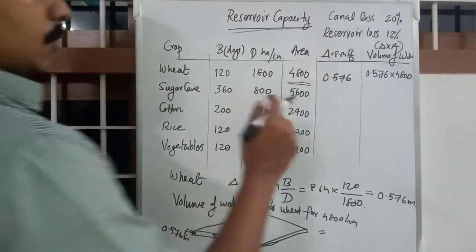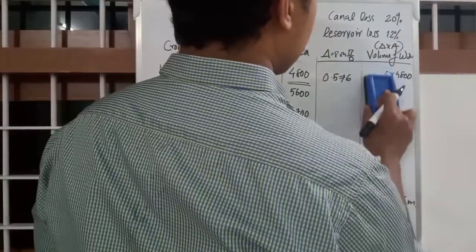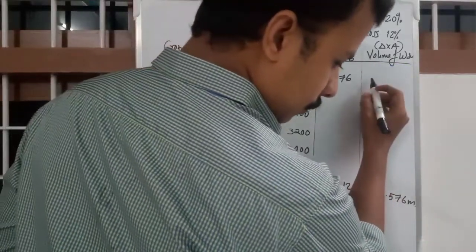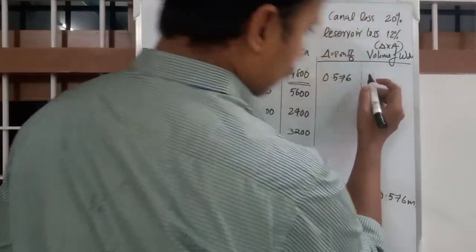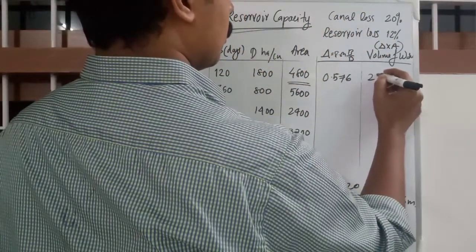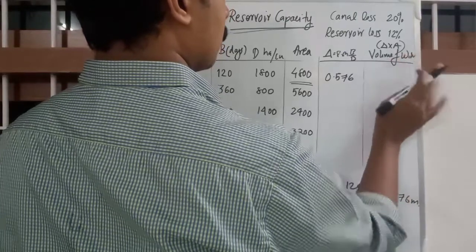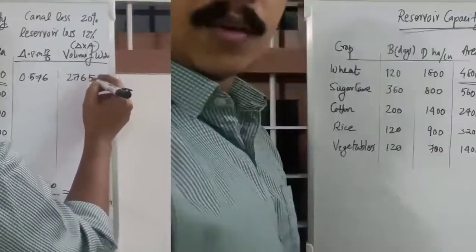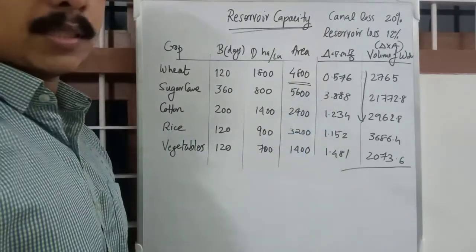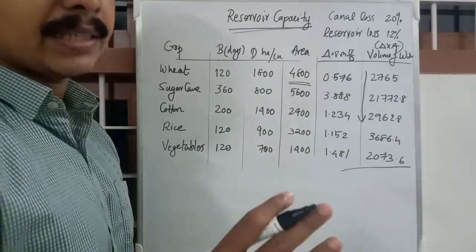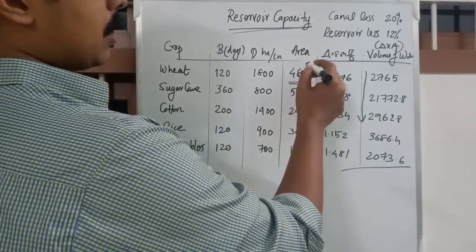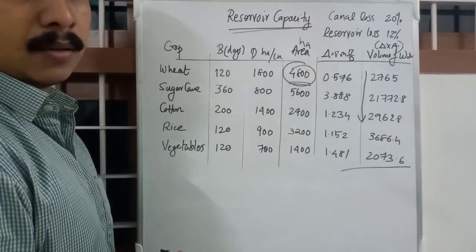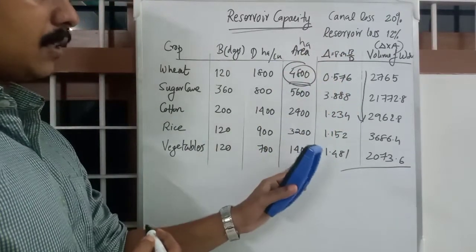You calculate that value as 2,765. You have all these values in hectare meter, not in meter cube, because you substituted area in hectares as 4,800 for wheat and similar values.